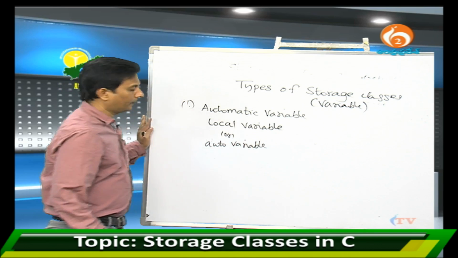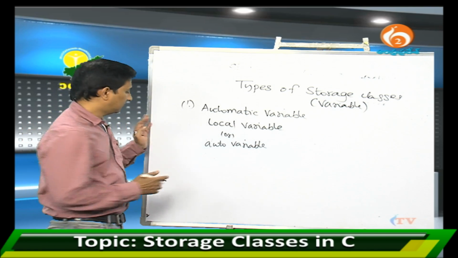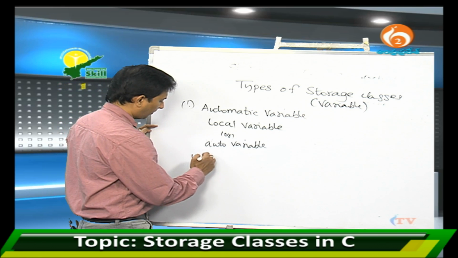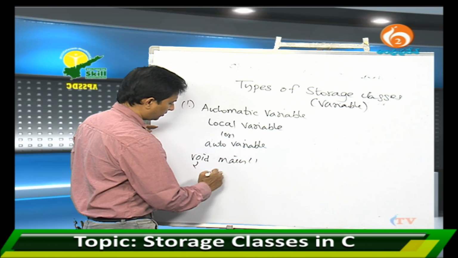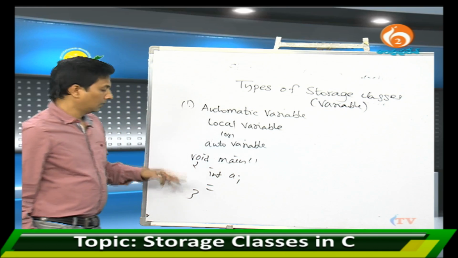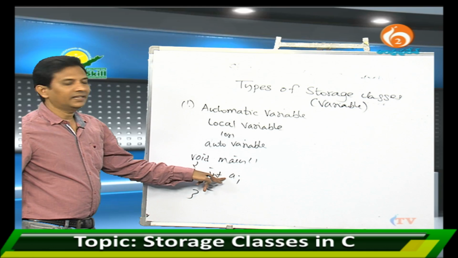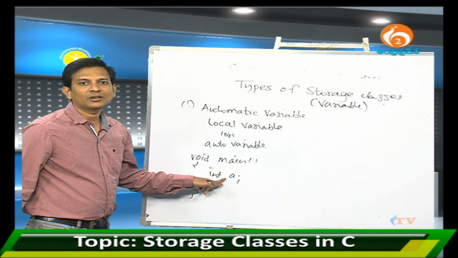How do we declare the automatic variable? Simple: void main, int a semicolon. Here int a is nothing but an auto variable or automatic variable or local variable.